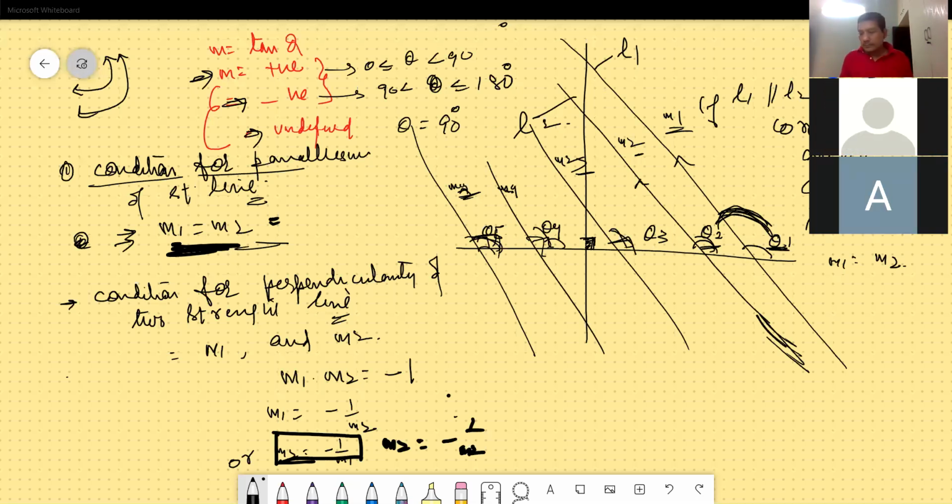Tell me, this last thing: m1 into m2 equals -1. Yeah, how? I can't give you the proof of this. I told you earlier that there is no how in this, because it's the formula of tan(A+B). I'm just showing you what formula we use here.